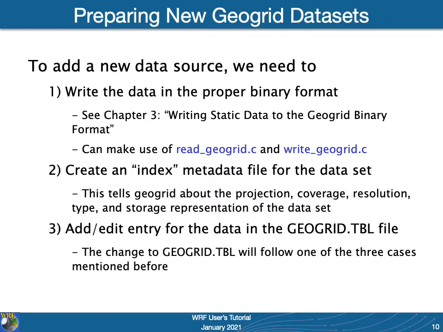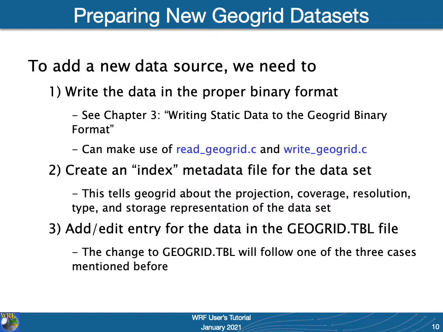If you'd like to see some example C code for reading and writing this binary format, you can look inside the WPS source code, and find a file called read_geogrid.c and write_geogrid.c. Once we've written the data into a binary format that the geogrid program can understand, we also need to prepare a metadata file, which is always a text file called index.